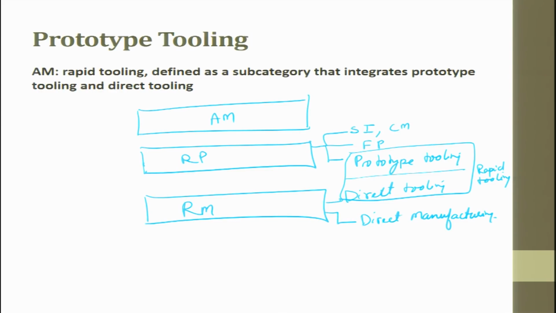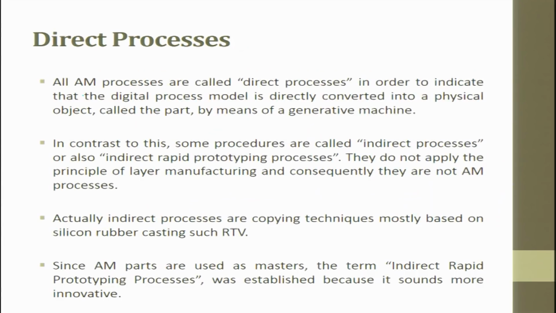Prototype tooling: for making a prototype, you make a tool; for directly getting the output, you make the tool. So, finally, when you blend these two, we have rapid tooling defined as a subcategory that integrates prototype tooling and direct tooling.